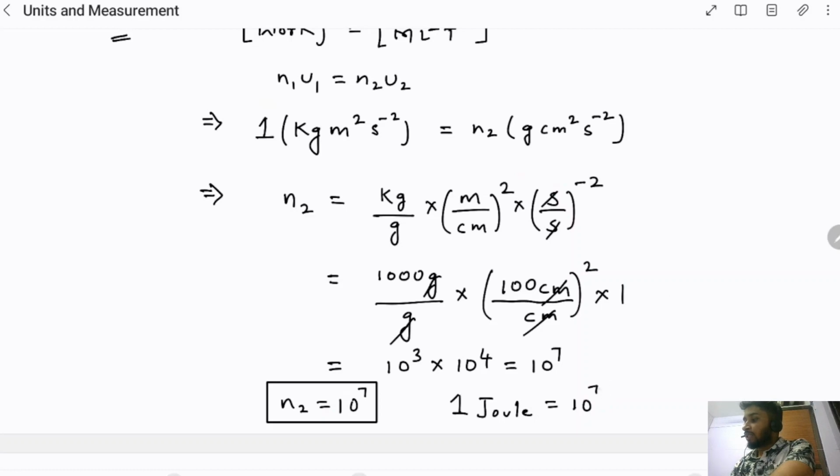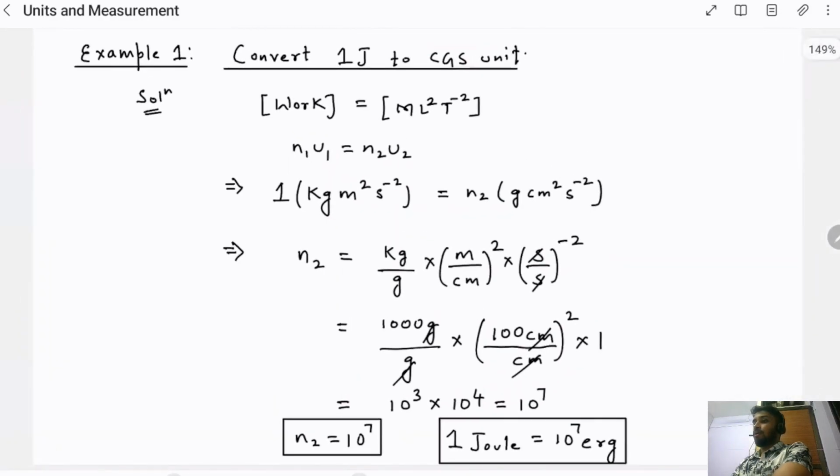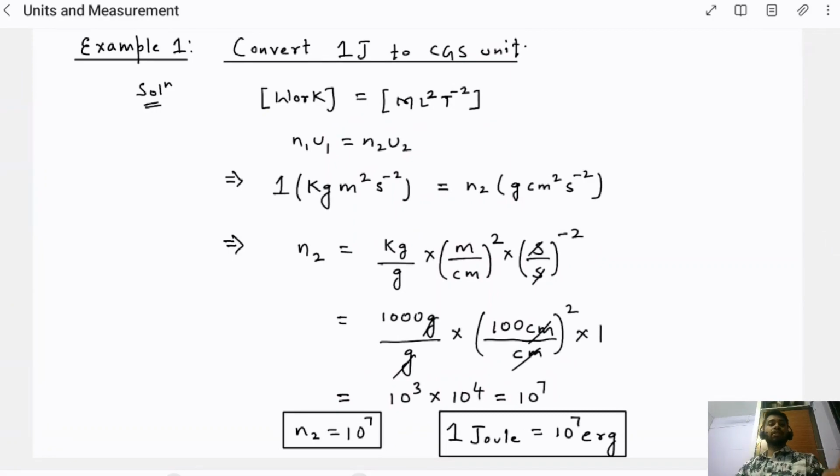Erg is basically the CGS unit of energy. Let me zoom this out. I hope this example is clear. We'll see one more problem before moving to the next part.